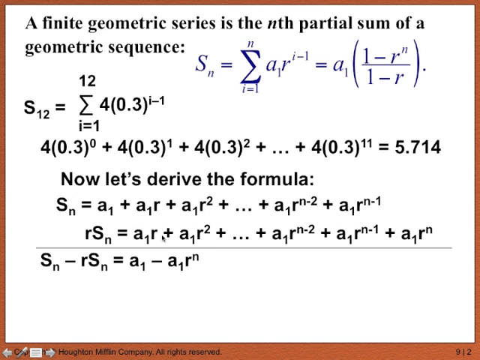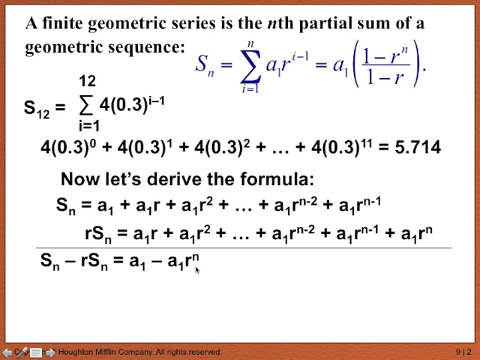And as we can see, because of the way we line things up, these a1r cancel, and then these a1r squareds cancel, and then these a1 r to the n minus 2's cancel, etc. And so all we're left with is a sub 1 minus a sub 1 r to the n.